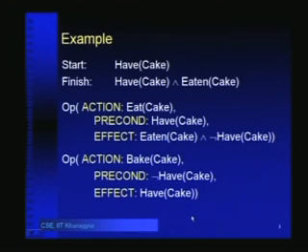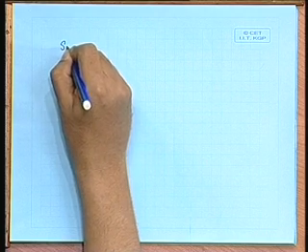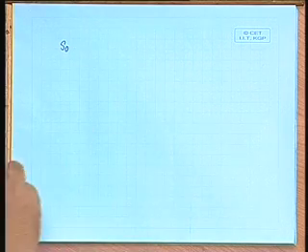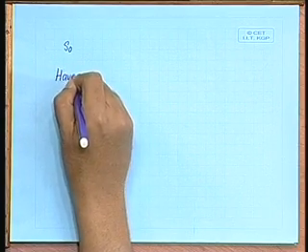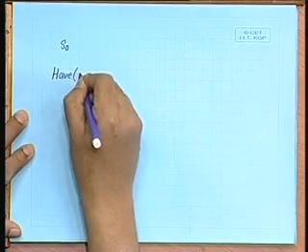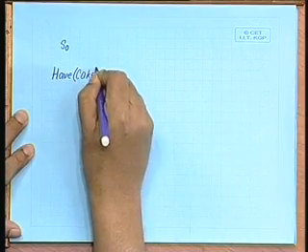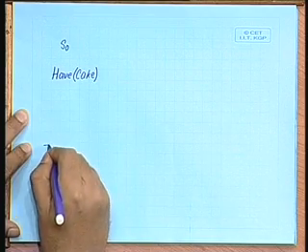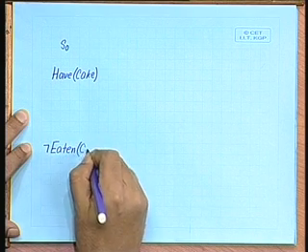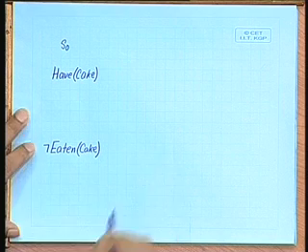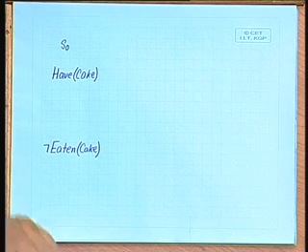Now, let us see how a planning graph for this is going to look. We will start with the step S0. Initially we are in the step S0. In this initial state, what we have are the following. What are the actions that we can have here?